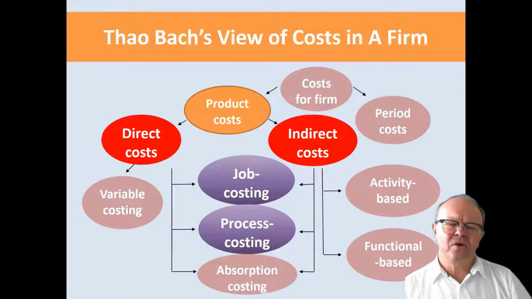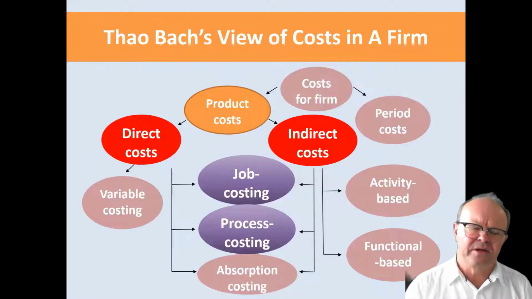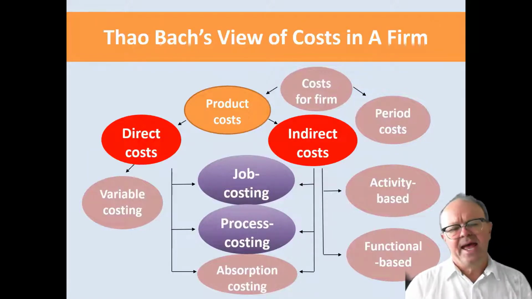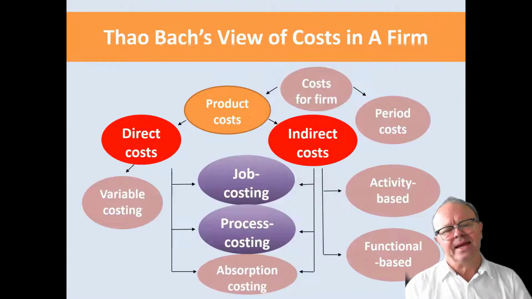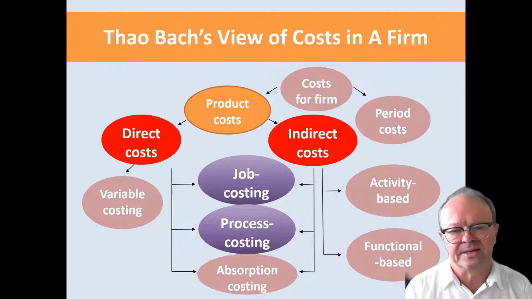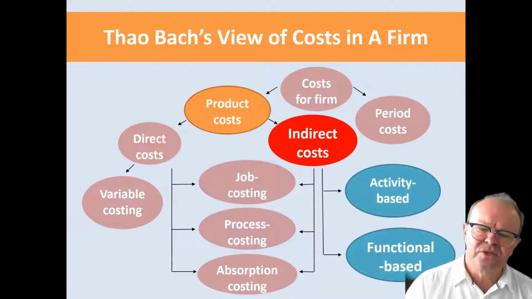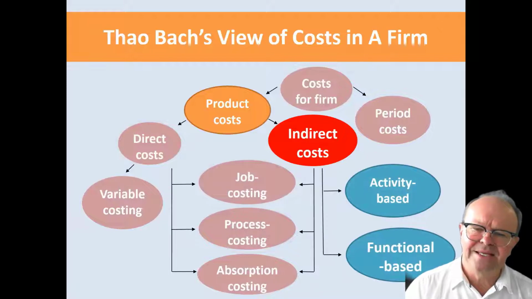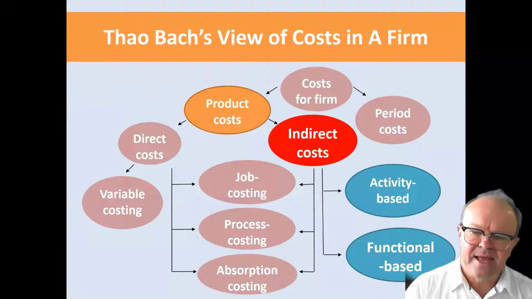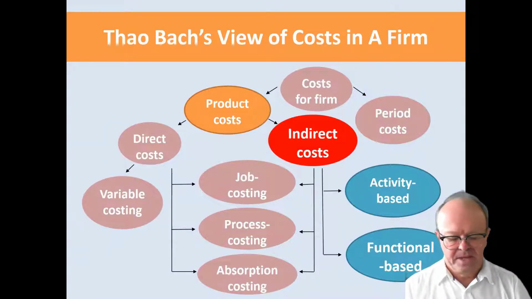So Taya saw all the costs of the firm could be broken into product and period costs. The product costs could be broken into direct and indirect costs. And two approaches to allocating both direct and indirect costs were job costing and process costing. She then saw the two approaches for allocating indirect costs, the activity-based approach and the functional-based approach.